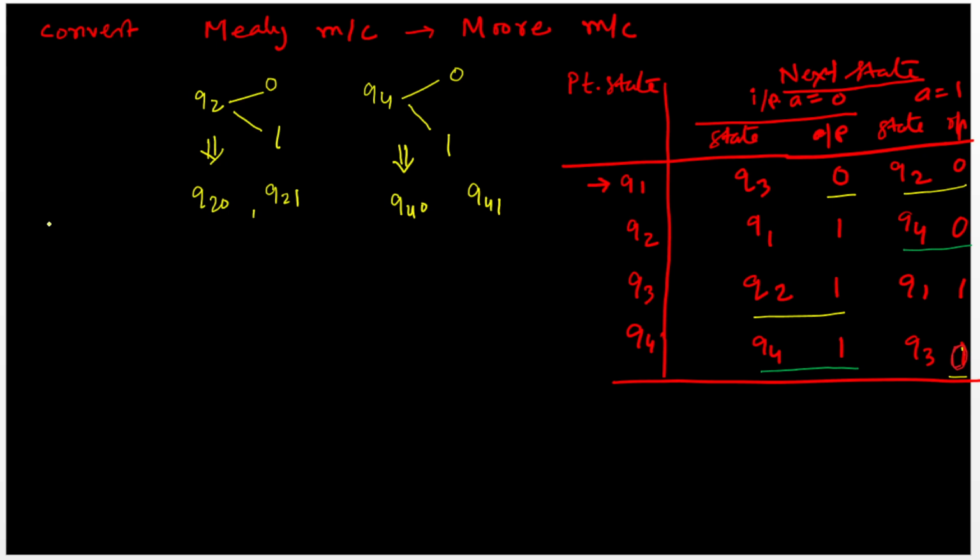Now we can write the present state, the next state, here the input a equal to 0 and here the input a equal to 1, state, and here the output.